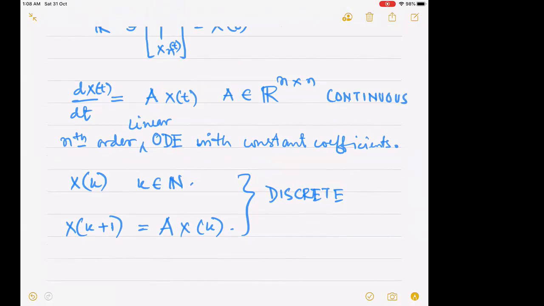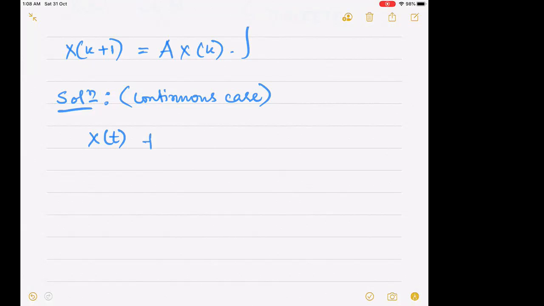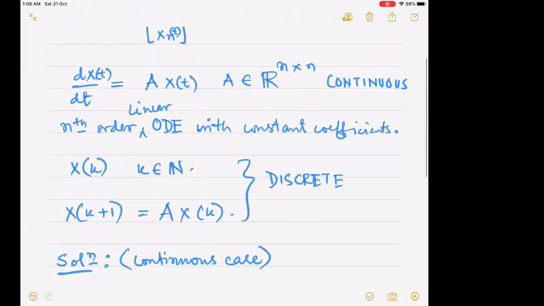What we mean by a solution, for the continuous case, is a function x(t) that satisfies this equation. Find an x(t) that satisfies equation number 1.